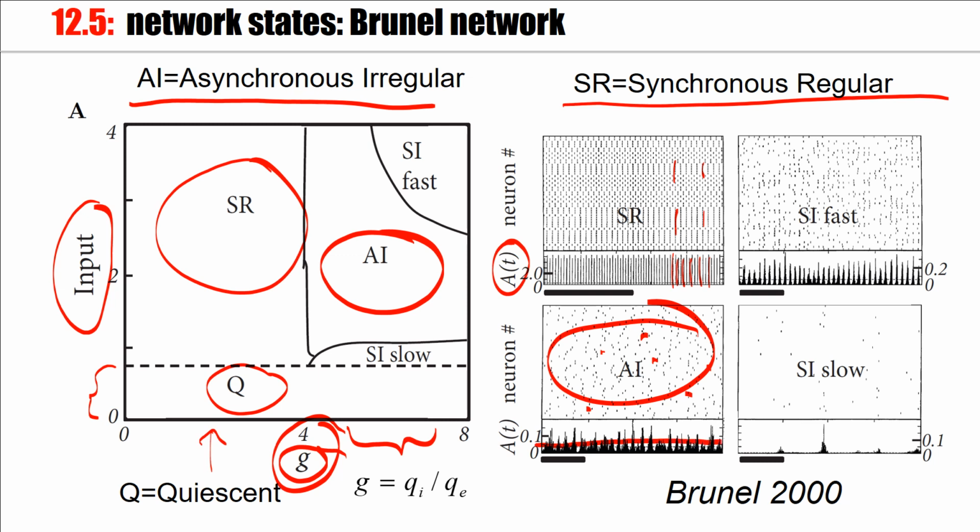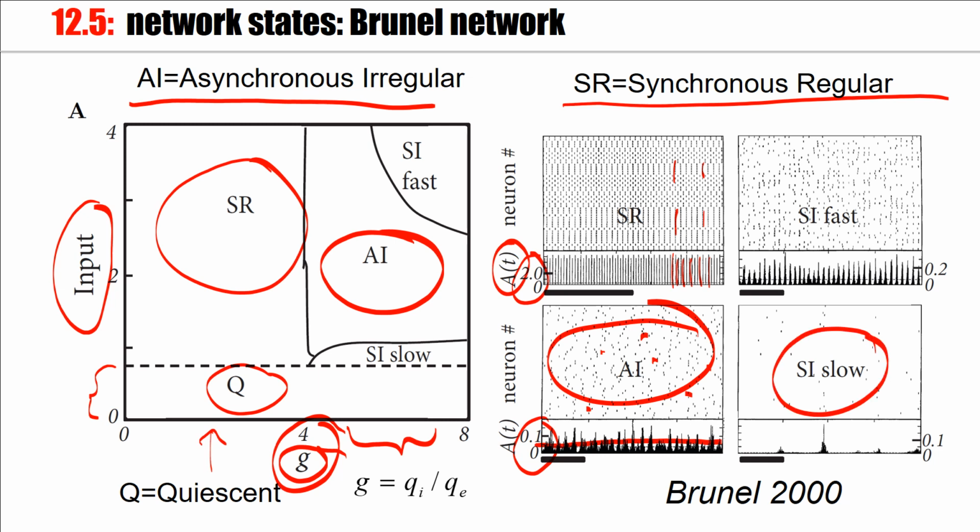So you see here the scale is 0.1, here the scale was 2, so it's really a different network state. And this is an interesting network state because different neurons fire at different moments in time. There's always some neurons that sit just below threshold and others just had a reset and are farther away.